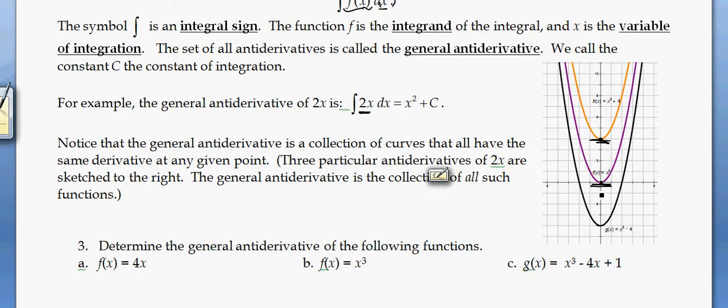They all have the same slope. And if you pick any value, say at 2, and draw the tangent line on all of these curves, they would all have the same tangent line slope for any given value. This is what I mean when I say that these curves all look parallel to each other. If you collect all infinitely many of these curves, that whole collection is the general antiderivative because they all have the same derivative.